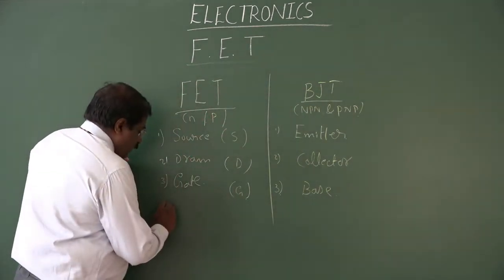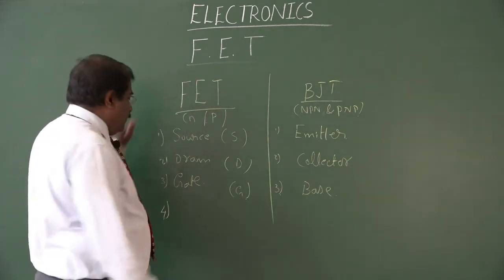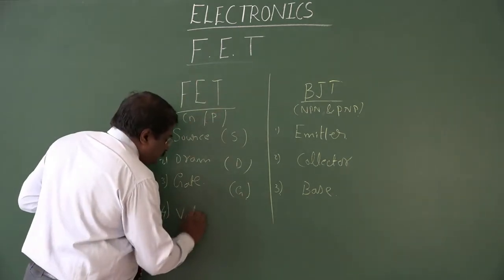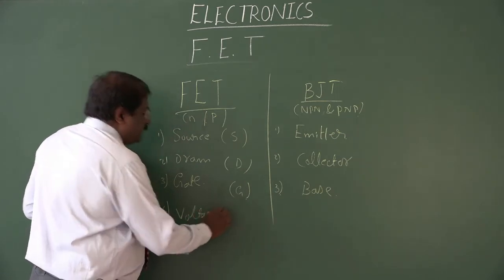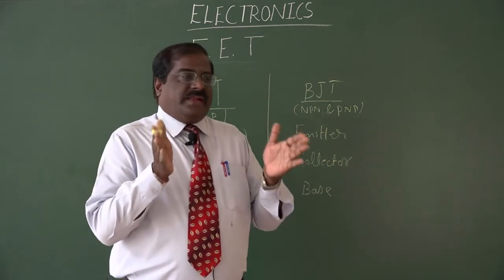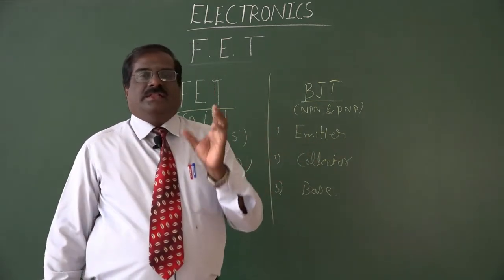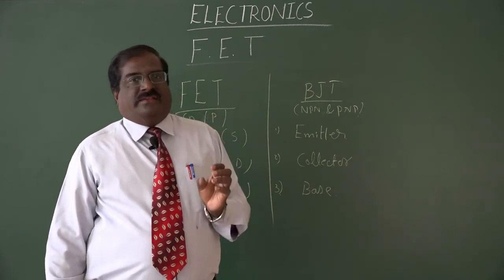One more thing is that the FET is a voltage controlled device, that is, we are applying the VGS. When the VGS is applied, what will happen? In the semiconductor bar, there will be a formation of a depletion region. As such, the drain current decreases.